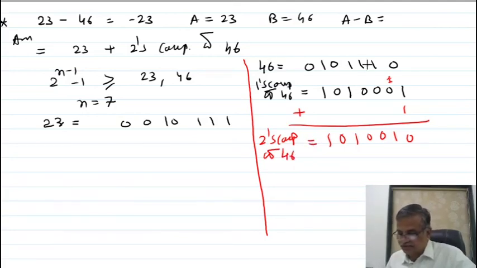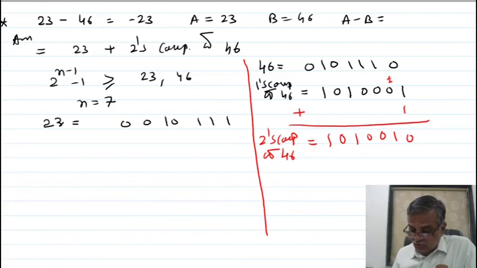See, this is your 46 in 7 bits. Now you find the 1's complement, then you add 1. This is your 2's complement.